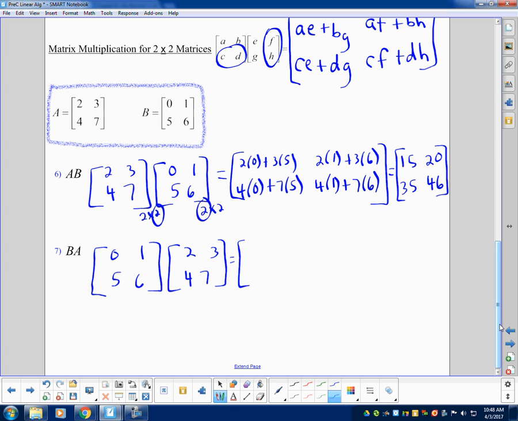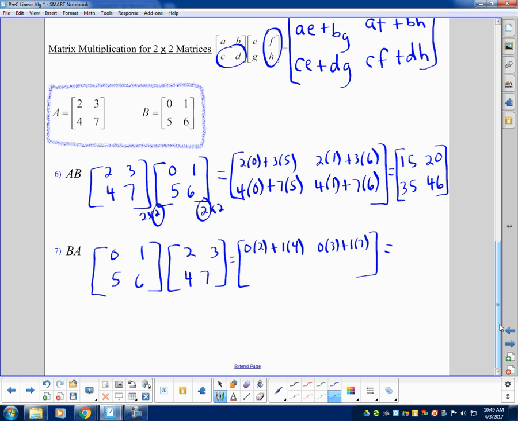So first row times first column would be 0 times 2 plus 1 times 4. First row times the second column would be 0 times 3 plus 1 times 7.